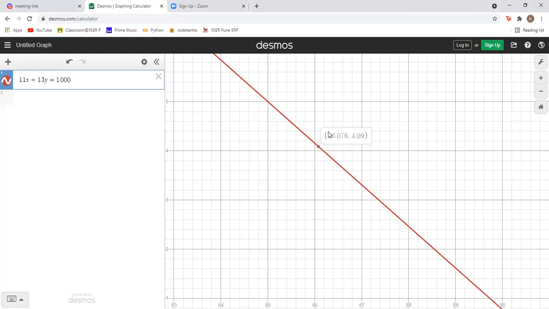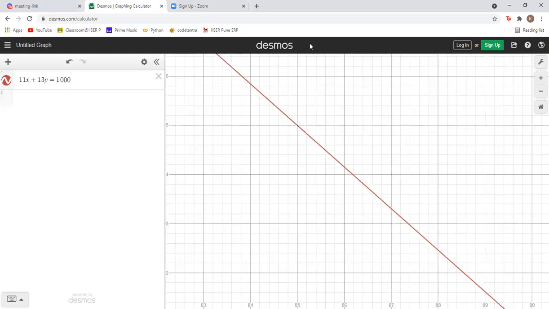Here also see, for 86 it is 4.154. These are not integers. Now here 86.5 is a perfect point. But you have to find points like this. How many points on this line are like this? That is your question.